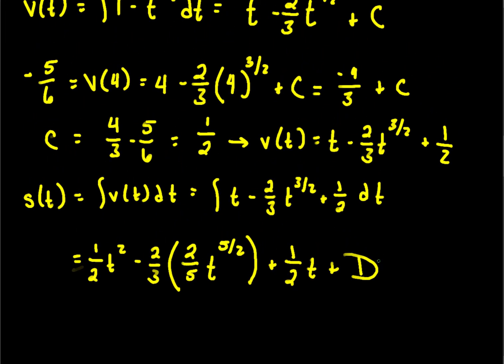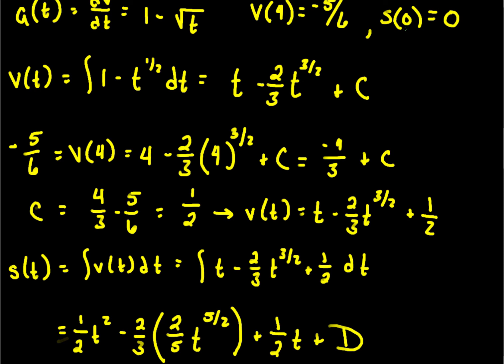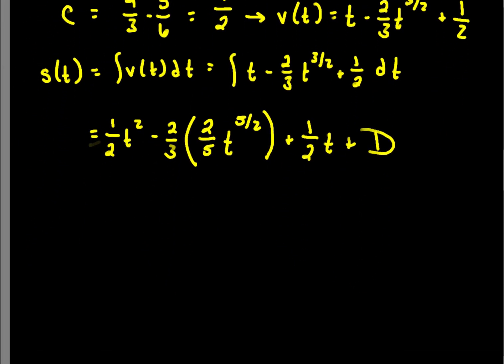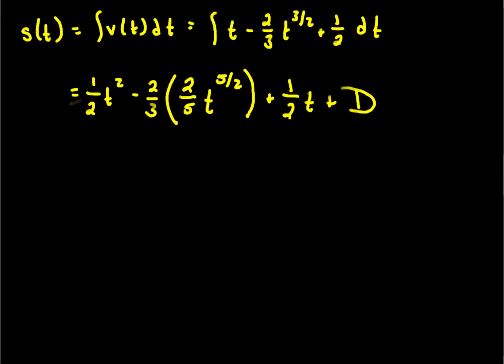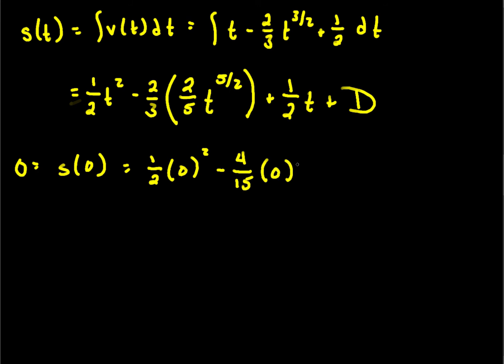And we know that when t is 0, so is the position. So we know that 0 is equal to s of 0, which is equal to 1/2 0 squared minus 4/15, 0 to the 5 halves, plus 1/2 times 0, plus d.